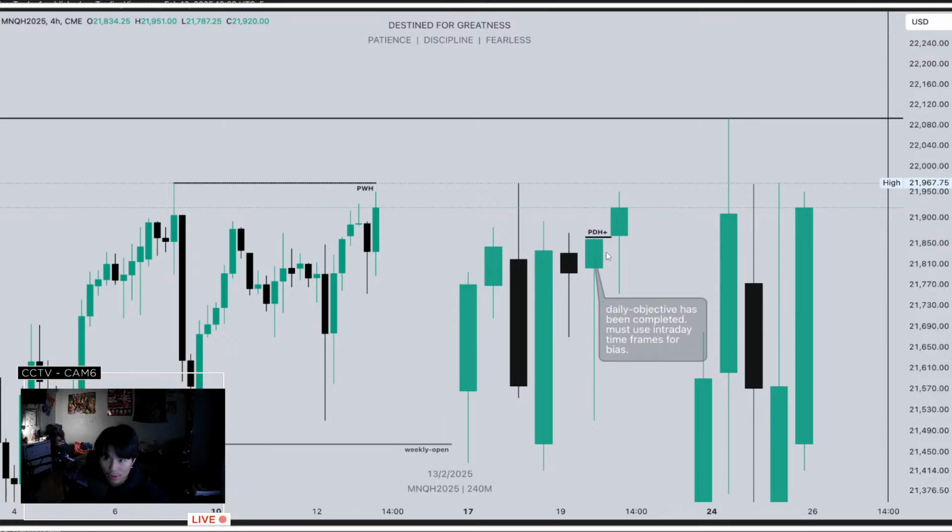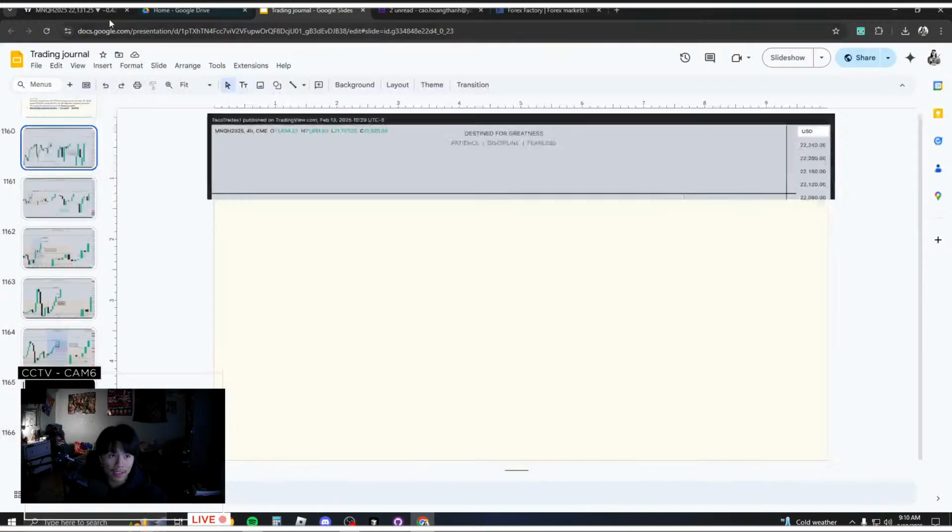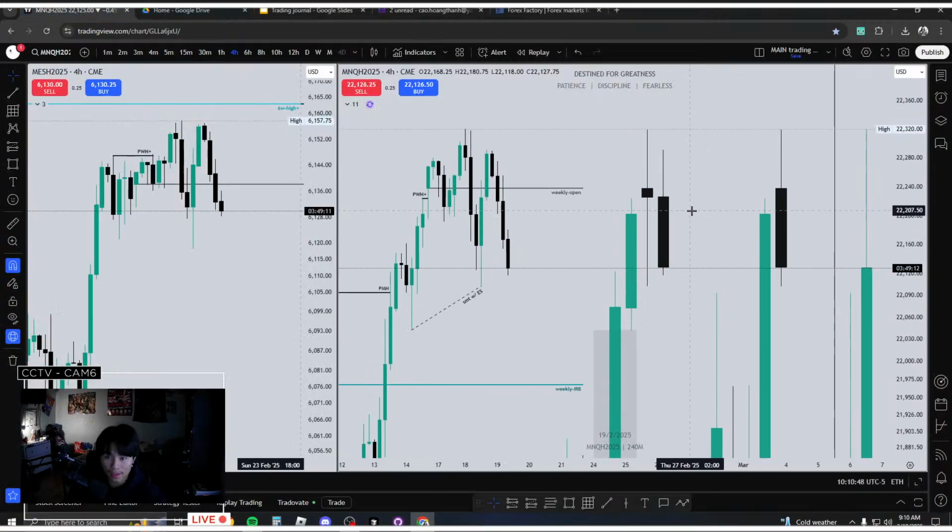So now that I know that, I can use the intraday time frames, such as the 4-hour, the 6-hour, the 8-hour, or the 10-hour time frame, to give me an intraday bias, right? So the same thing that I did today, where I didn't use the daily candle to provide me a bias, but instead I went onto the intraday time frames and I used the 4-hour and the 8-hour time frame to give me some sort of bias.